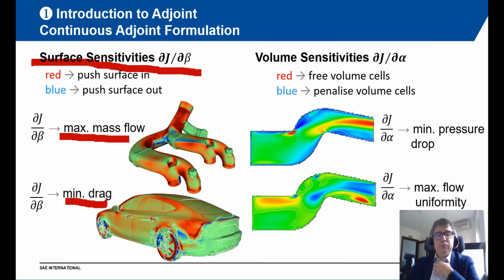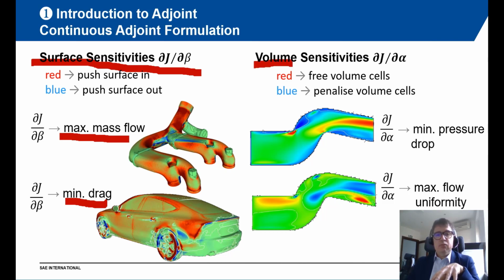If you look at problems of external aerodynamics like the one shown down here, you have minimization of drag, you have red to push in, and blue to pull out in order to minimize the drag.